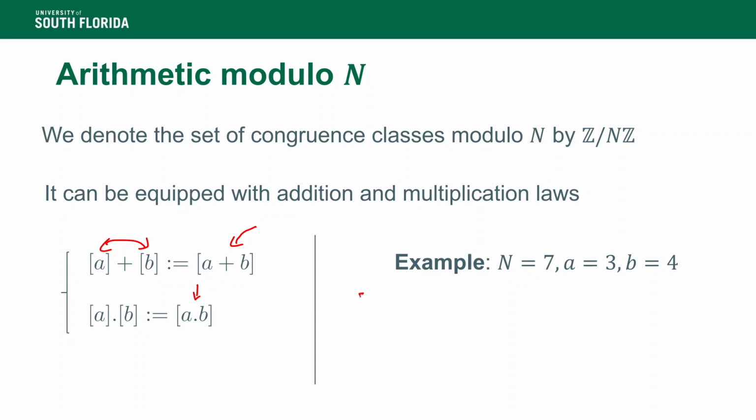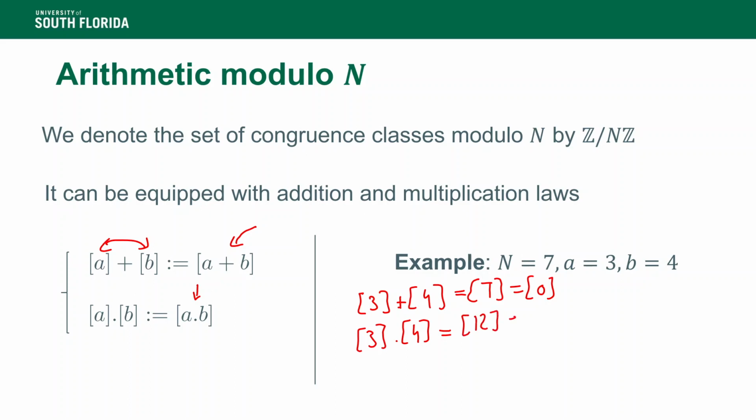So for example, if we're trying to add modulo 7, 4 and 3, this is the class of 7, which is also the class of 0. And the class of 3 that we multiply by the class of 4 is going to be the class of 12, which I can simplify as saying this is the class of 5.